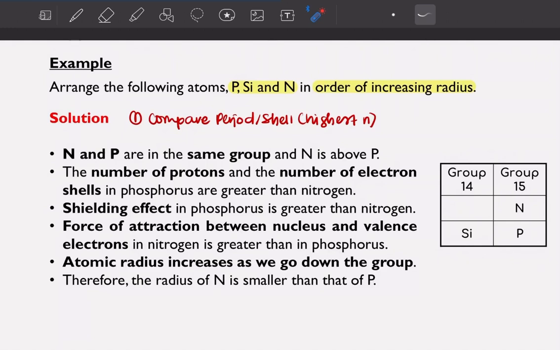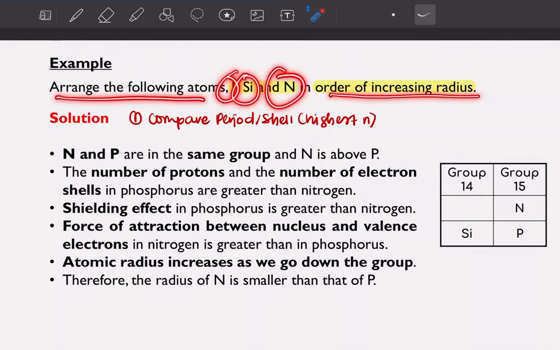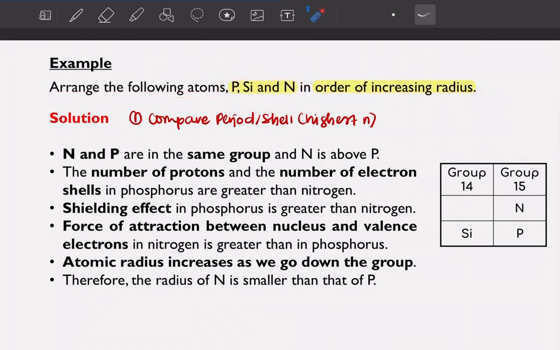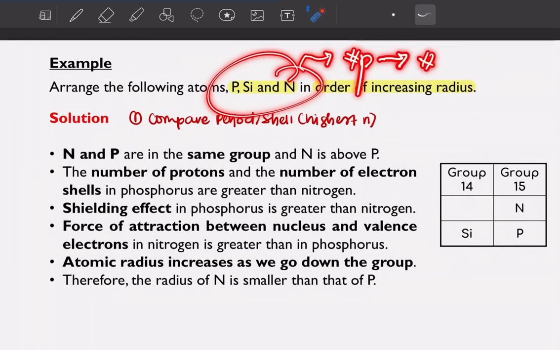Let's say if they ask you to arrange the following atoms: phosphorus, silicon, and nitrogen in order of increasing radius. So you know that these are all your atoms. So you are going to explain the trend of atomic radii. First you need to know the number of proton, and then you find the number of electron, and then you can know the electronic configuration.